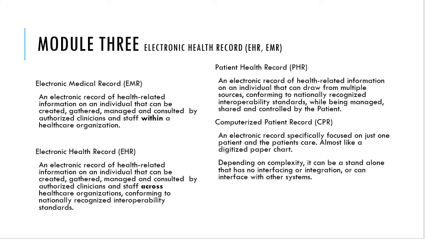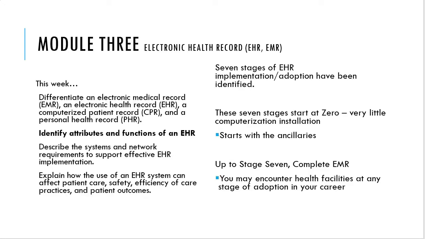So depending upon the complexity of the system, this computerized patient record might be a way to put data in about a patient, but actually pulling information out or having it integrate or interface with other systems, much less across organizations, is almost non-existent. So those are kind of the different types of medical records or charts that you will see or hear talked about.